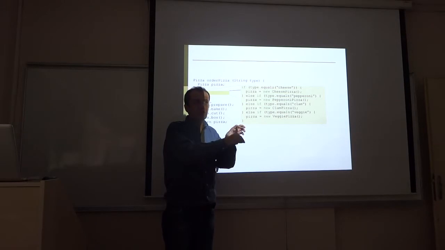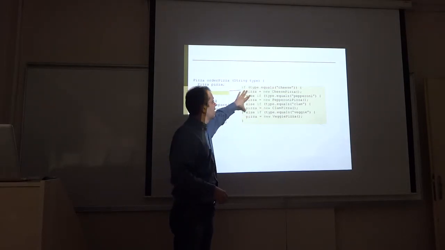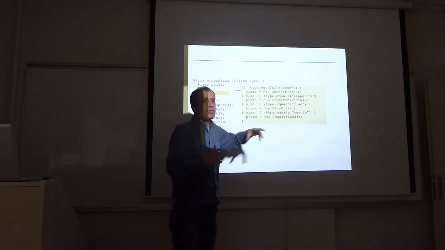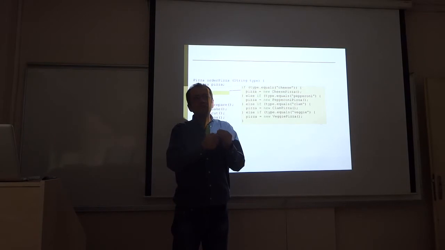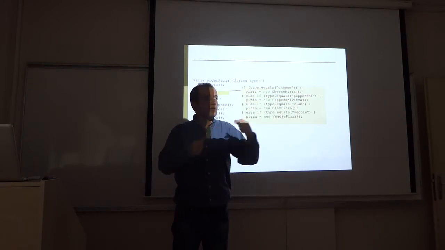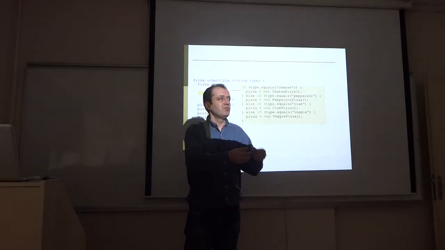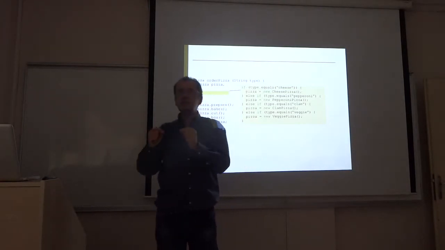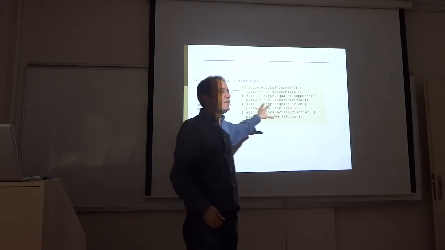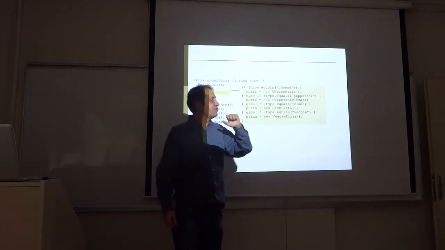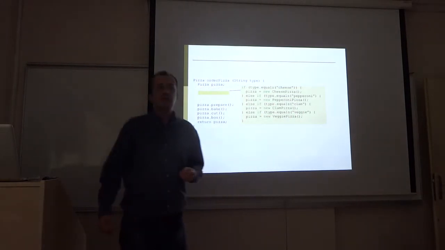Not exactly in the constructor of the object itself, but outside of it, what we have here is that looking at the string type, we are creating different types of pizzas, or we're changing something inside the pizza. There are some attributes we're changing. There are so many little tiny things that we have to be careful about. So instead of doing it in here, let's create a factory.